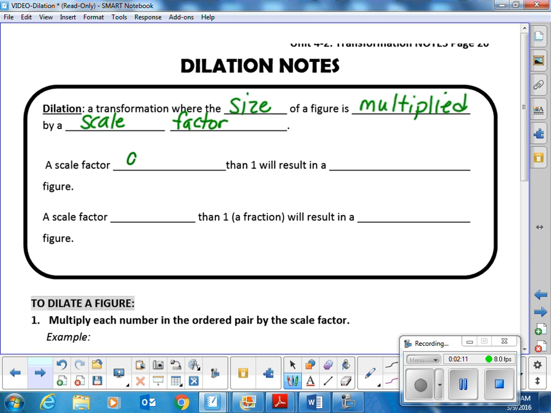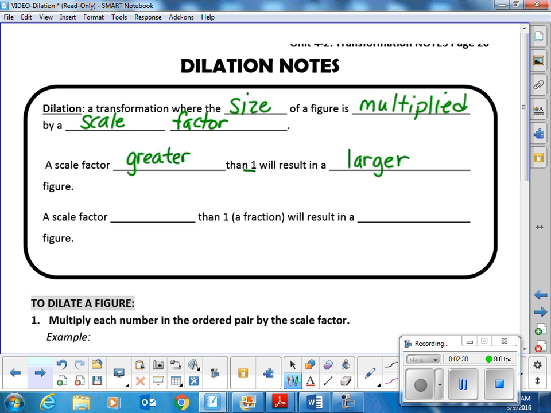So if it is greater than 1, guess what's going to happen? If it's 2, 3, 4, the number or the shape is going to get larger or bigger. It's going to grow.